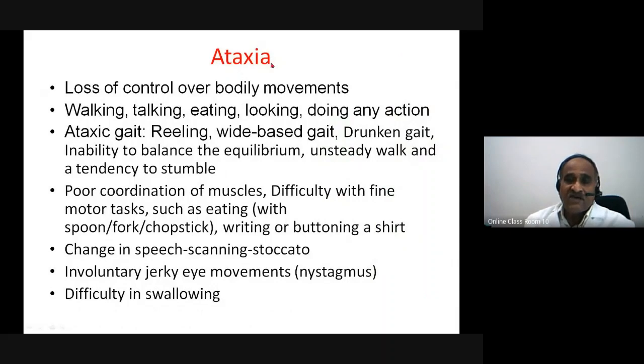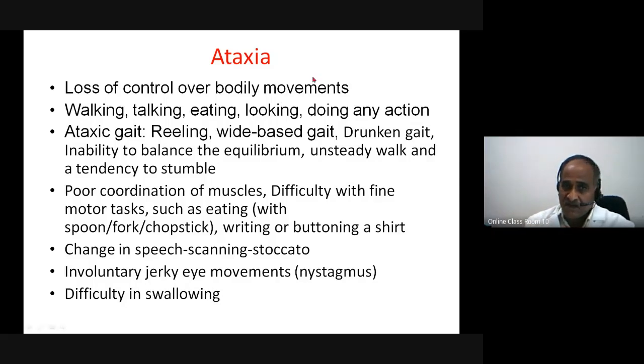Now, let us see what ataxia is. It is the loss of control over bodily movements. They are not happening the way they are expected to happen. They are not coordinated. They are not coming in sequence. They do not have that spatial and force dynamics.